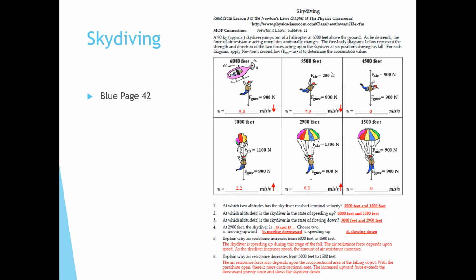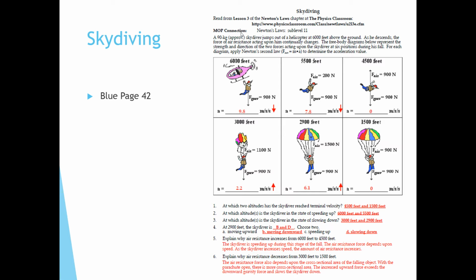Then here for the next one, the net force is 700, so 700 divided by 90 is going to be approximately the same number here, so we should have close to 7.8.